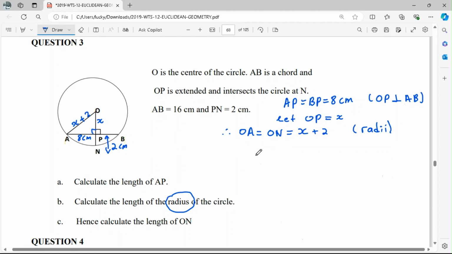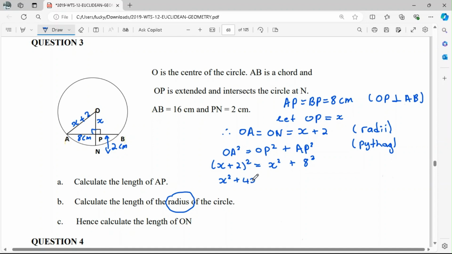You can then see that in that right angle triangle, OA squared is the same as OP squared plus AP squared, and that would be using the Pythagoras theorem, meaning that x plus 2 squared is the same as x squared plus 8 squared, which will give me x squared plus 4x plus 4, which is equals to x squared plus 64.